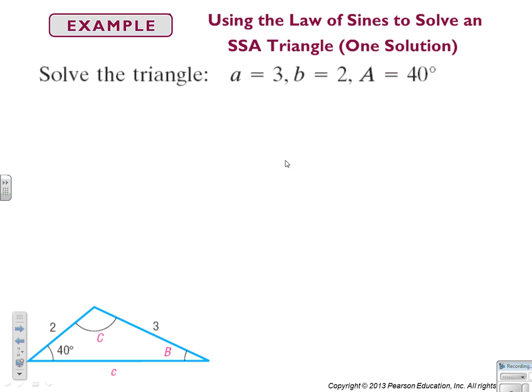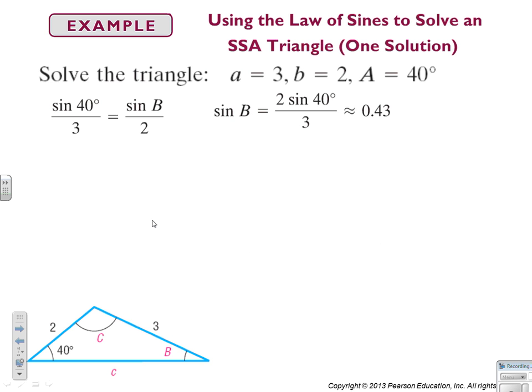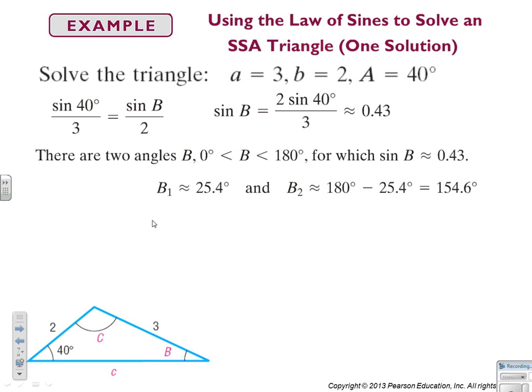So let's see how we apply that. If a is equal to 3, b is equal to 2, and angle A is equal to 40, so we have side, side, angle. We use the law of sines, and we get that there are two angles since B is between 0 and 180, and the sine of B is approximately equal to 0.4.